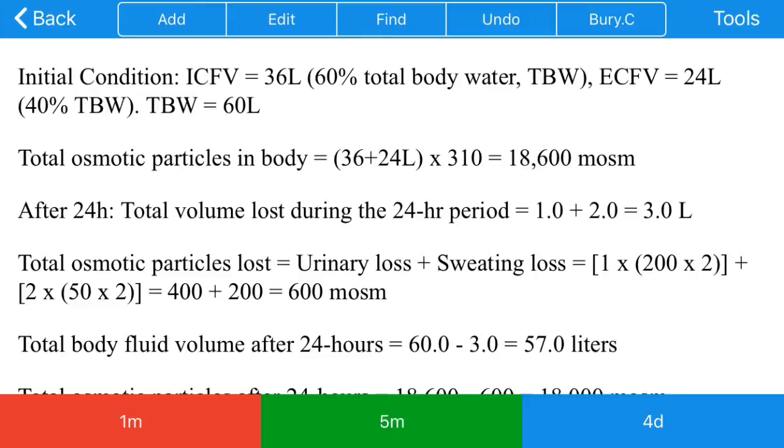Wait, no, 2/3 would be intracellular. One-third of 60 is 20, and 2/3 is 40.